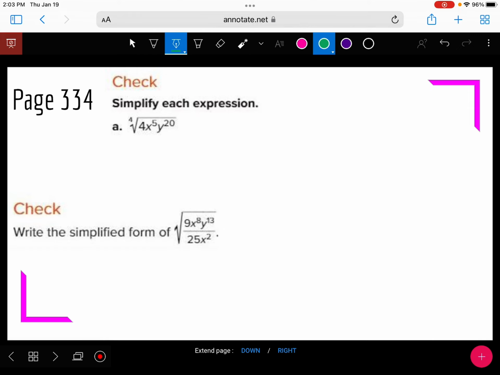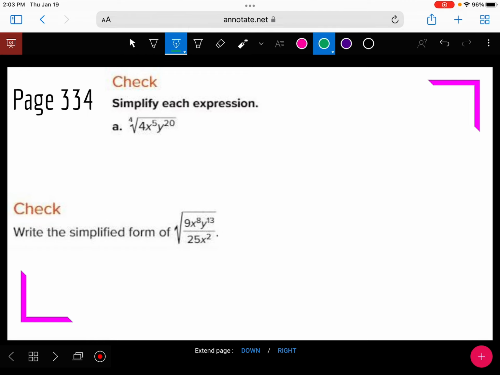Fourth root means any groups of 4. So 1, 2, 3, 4, 2. The fourth root of 16 is 2.